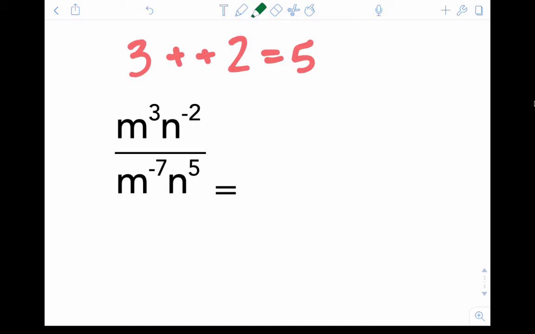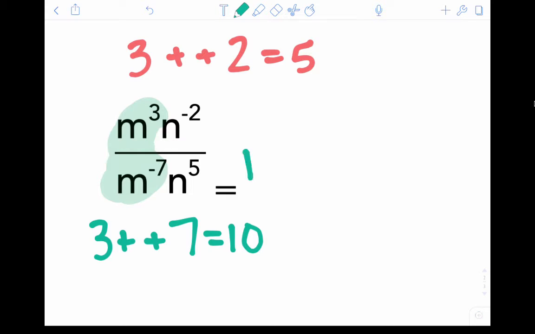So I can only combine numbers with the same base. I'm going to focus on my numbers that have m for a base first. I'm dividing m to the third divided by m to the negative seventh, which means I'm going to subtract the exponents. So I'm going to take 3 minus negative 7. I'm going to add the opposite to get 10. So this is m to the 10th.